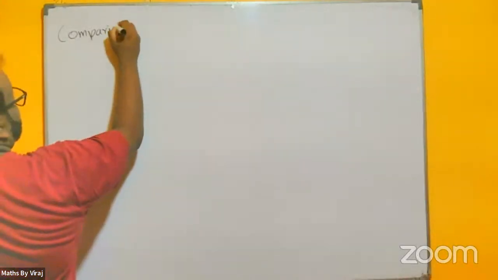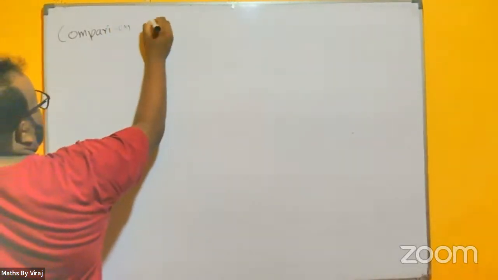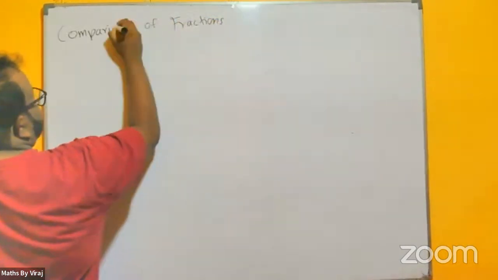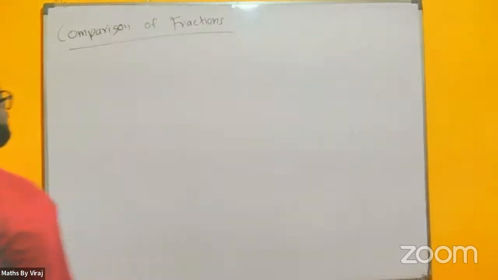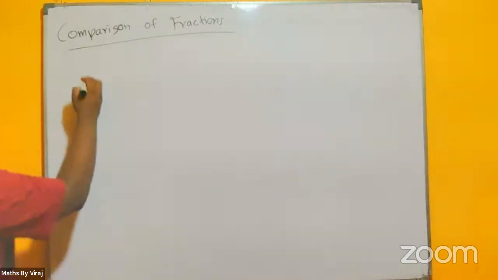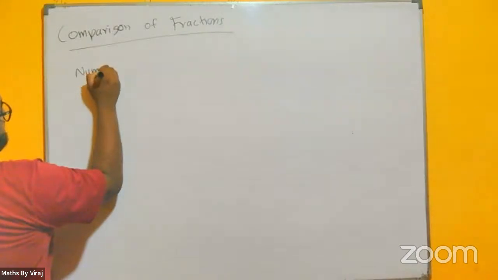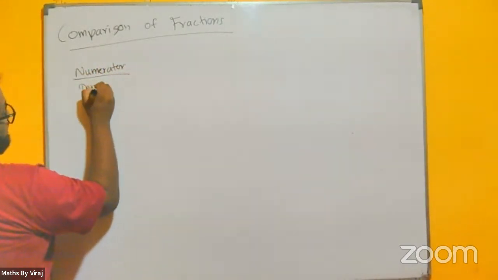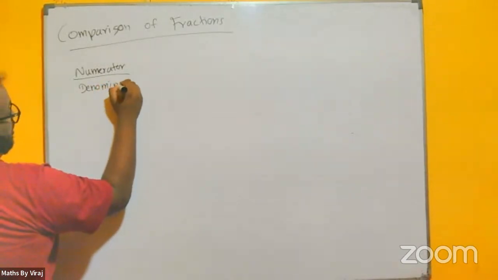Right, children? Now we have comparison of fractions. Now, how do we compare fractions? This is very easy. Let's look at this now. We know that every fraction has a numerator and a, what is it?